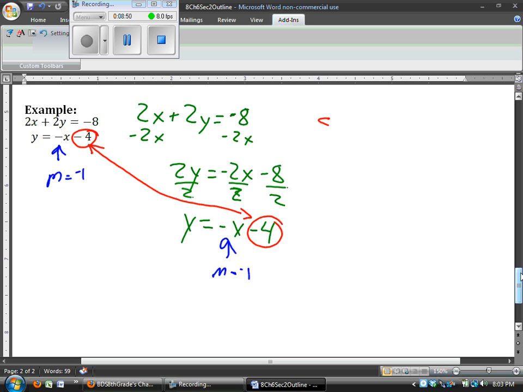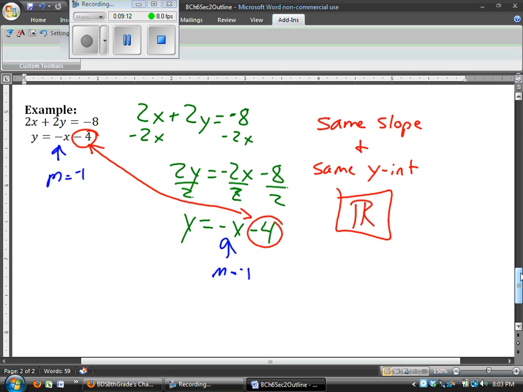So when I have the same slope and same y-intercept, I'm going to have infinite solutions for all real numbers. Okay, I have the exact same line, y equals negative x minus 4, y equals negative x minus 4. Since they're the same line, if you were to graph them, you would just have one line, which means all real numbers.